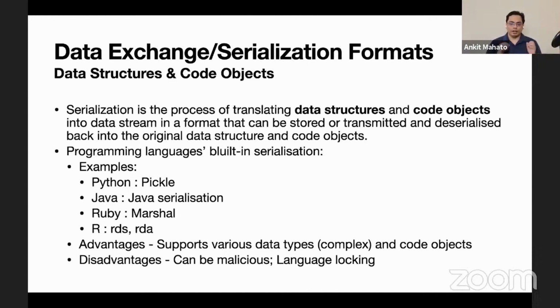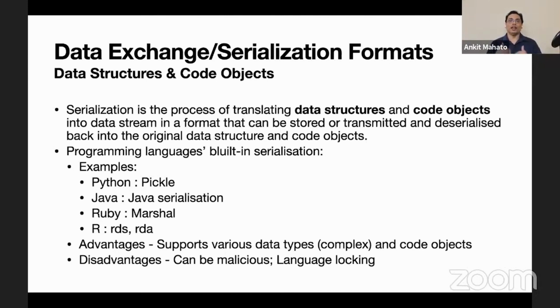In a particular programming language like Python, Java, Ruby, R, we have some inbuilt serialization. We have all used the pickle format, pickling Python code, and there is Java serialization. For R, there are RDS and RDF formats. These are built-in serialization formats, and they support complex types and code objects. But there are disadvantages of using them too, as they can be malicious if they come from an untrusted source.